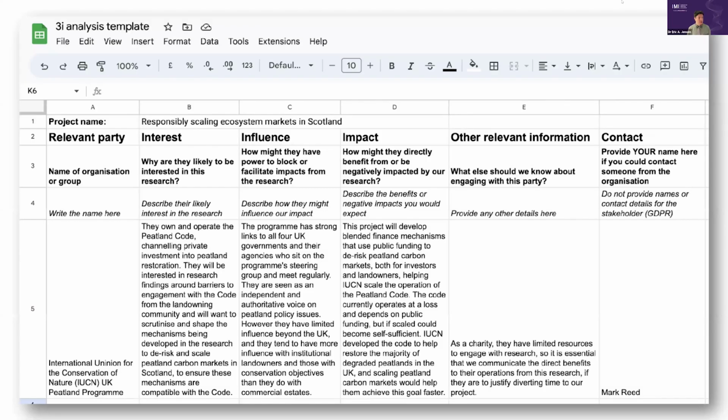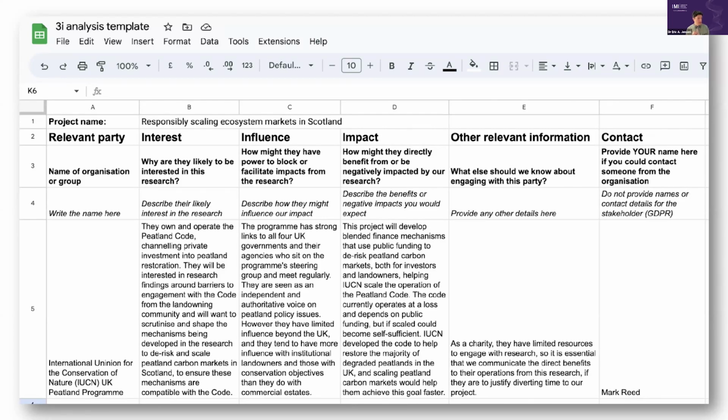And this is what this looks like once you start to fill it in. In this case, this is from a project that one of our colleagues at the Institute for Methods of Innovation, Professor Mark Reed, did.